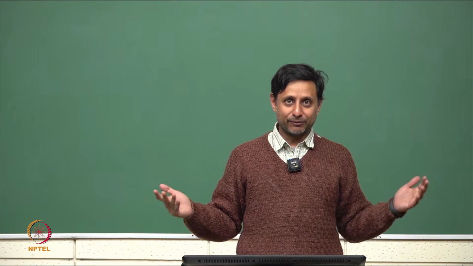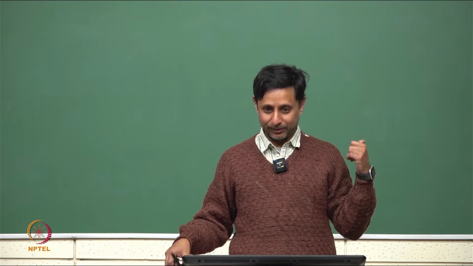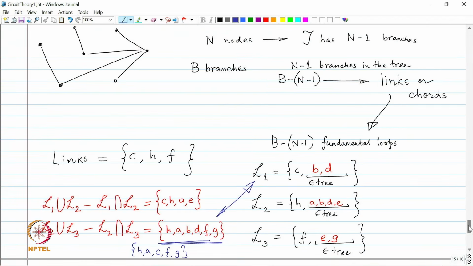All right. How do we figure out what we need to do? This is how we figure out. We do not want to do anything extra. Only the KVLs that are linearly independent from each other are the ones that we have to work with. And we have the guarantee. How many such KVLs? B minus n minus 1, B branches, n nodes, B minus (n minus 1) number of links, that many independent KVLs we will get.